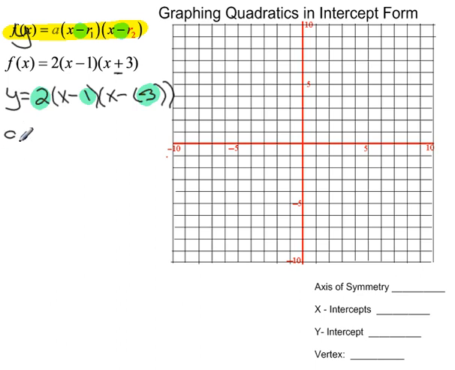We're going to get a equals 2, r1 equals 1, and r2 equals negative 3. Okay, we've got the problem in a place where we're ready to attack it now, in earnest. So, why is it called intercept form?